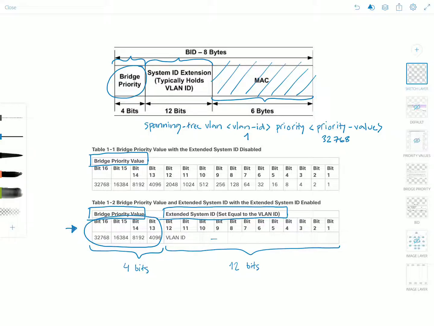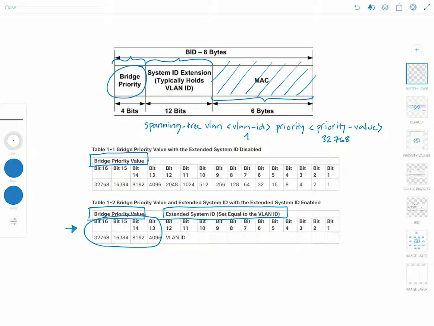Let me make some more space here first. Okay. So the lowest value for these 4 bits would be 0000, and the highest one would be 1111. And then the second lowest value would be 0010, and the third lowest 0011, and so on and so forth.